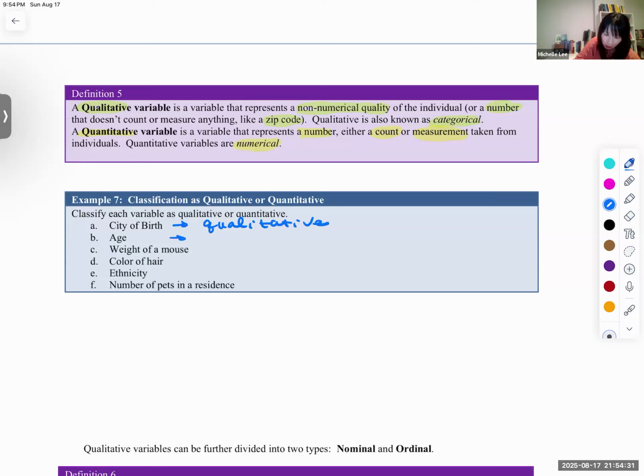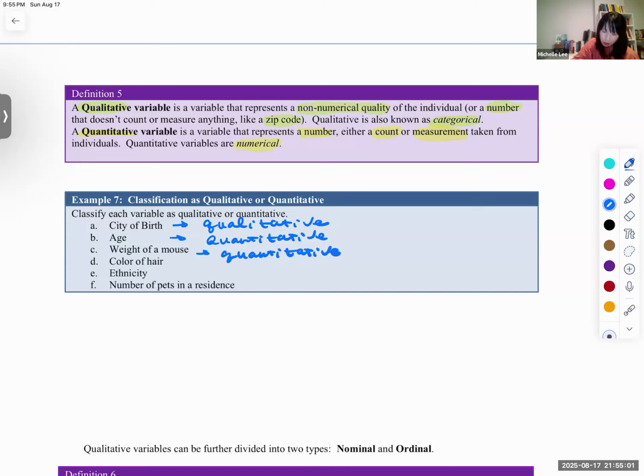Okay, how about age? It's a number, right? Can count, can measure. We'll talk about that later. So quantitative, right? Weight of a mouse is a measurement, so quantitative, right?